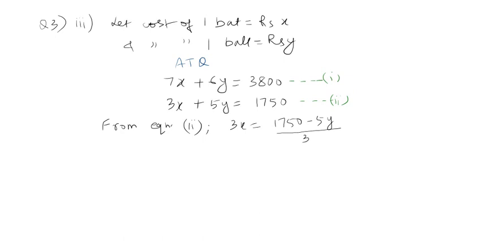I am taking all together, so I have to remove this 3 from here. First I've taken 5y to the other side because of the minus, and then 3 is brought into the denominator. In one go I'm writing all things, so you can also do it like this instead of increasing the steps. Now this is the third equation, and we substitute the third in the first, since we have taken it from the second. पहले में डालेंगे.